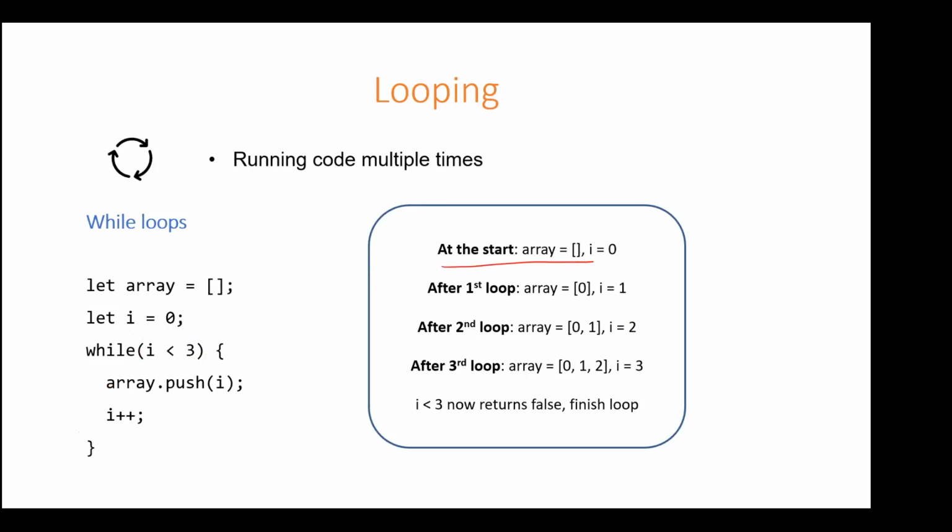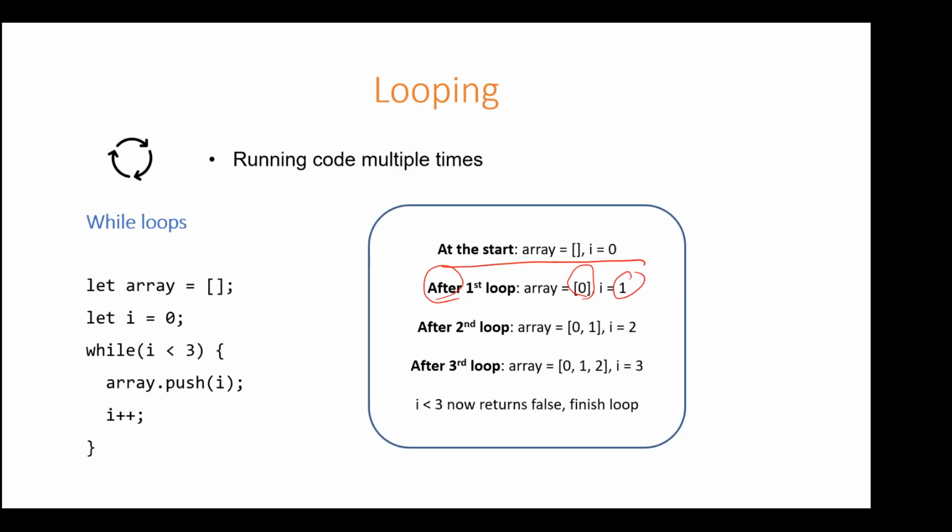At the start, our array is empty and i is equal to 0. After the first loop, I push i into the array, so I will get 0 inside the array, and I increment i, so 0 plus plus will be equal to 1. So i equals 1.